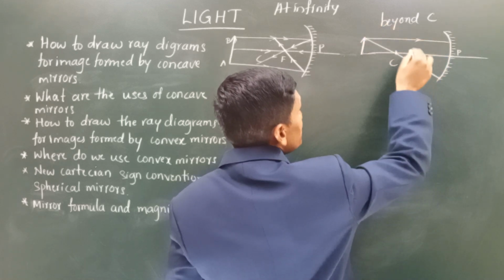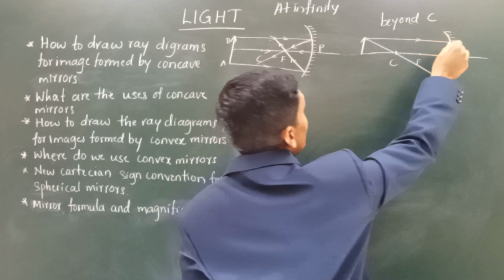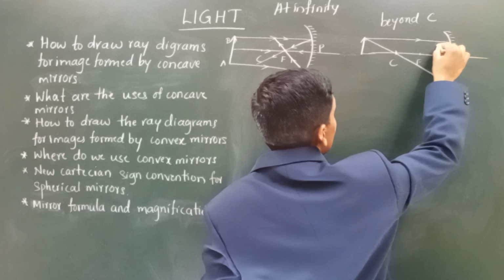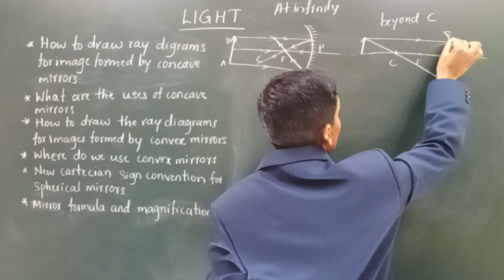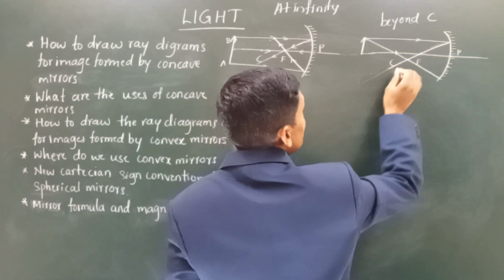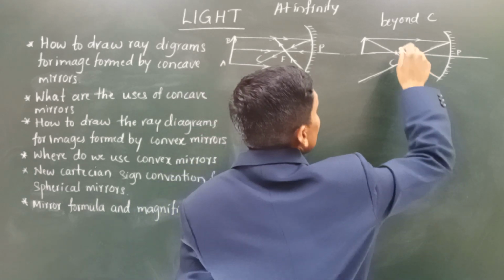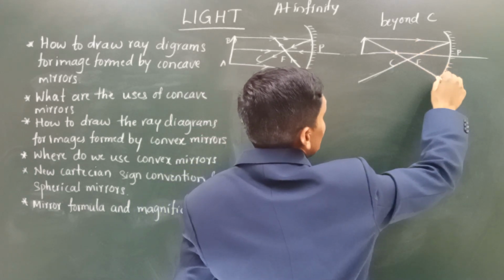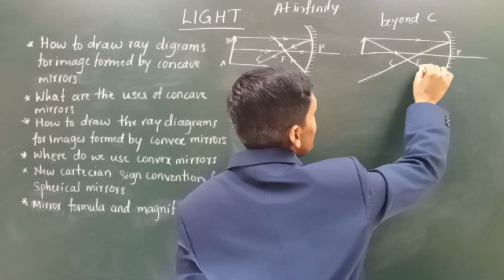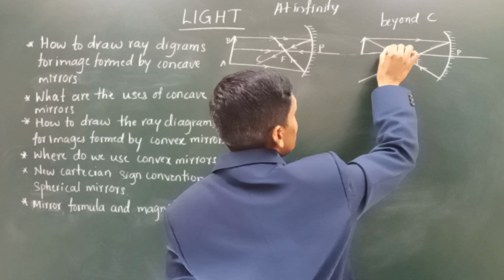A ray which is parallel to the principal axis, after reflection should pass through the principal focus, as we have already studied. Right? Next, a ray which is passing through the center of curvature follows the same path after reflection.